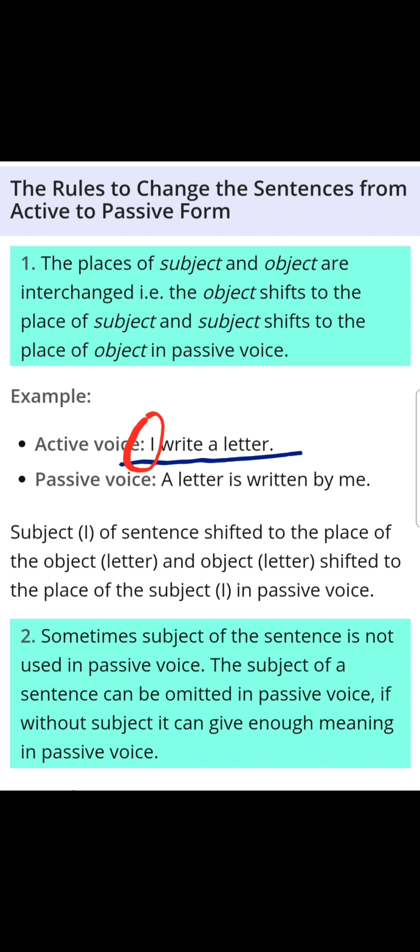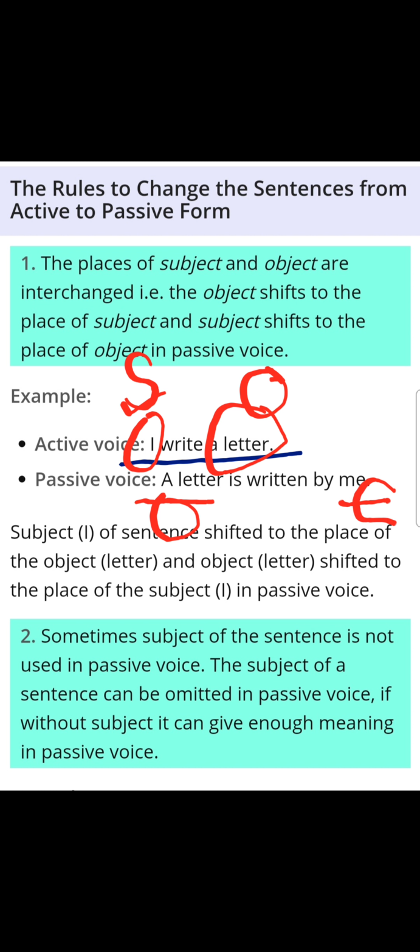I is your subject, a letter is your object. So your object is brought to the first place and I is settled on the place of object. So your object is put at the place of subject in passive voice, and subject is put on the place of object.